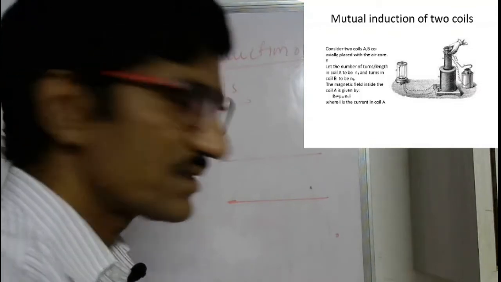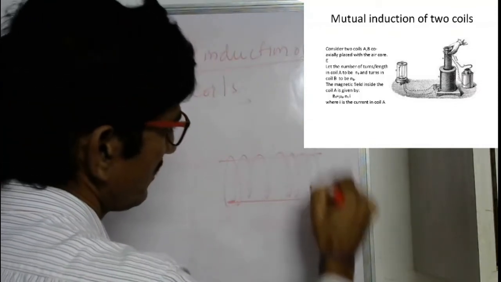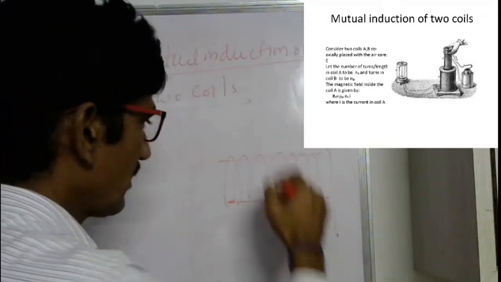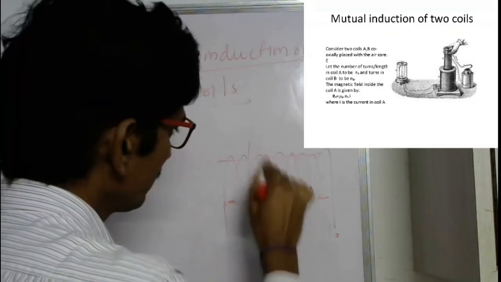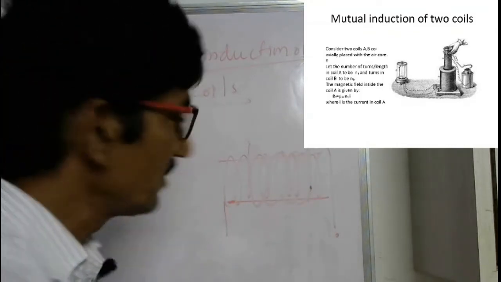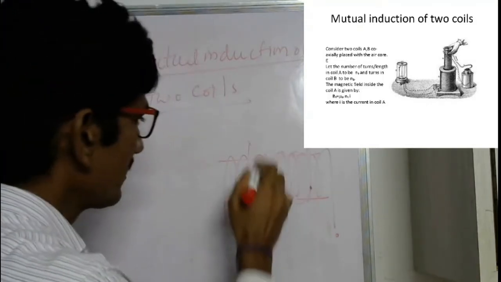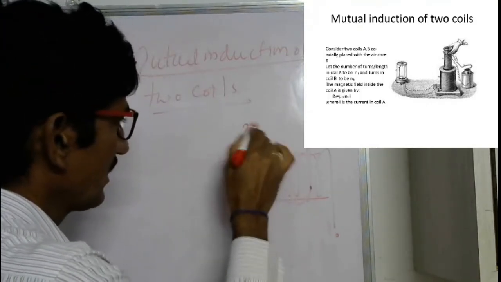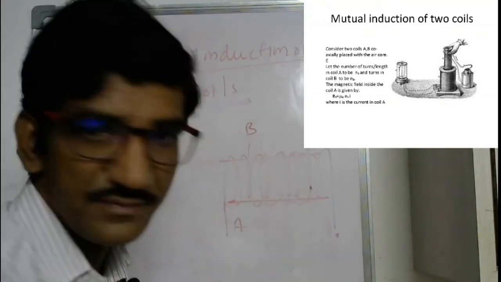One coil is like this, and we also have another coil here. There are two coils. Say this is coil 1 and this is coil 2, or coil A and coil B.